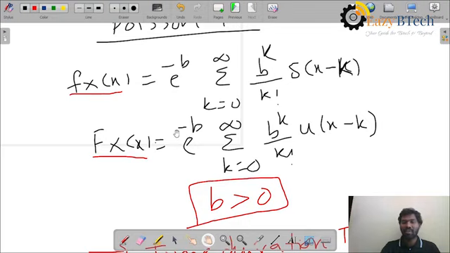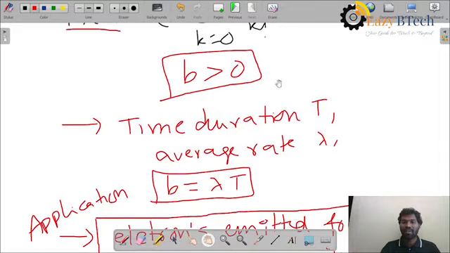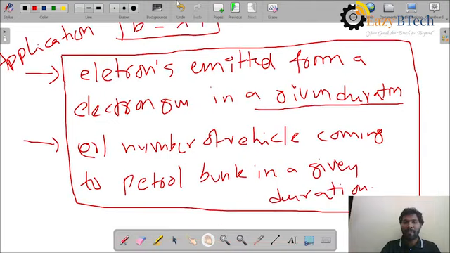That point everyone should remember. The constant b is always greater than 0, and b can be written as lambda into T if time duration and average rate are given.